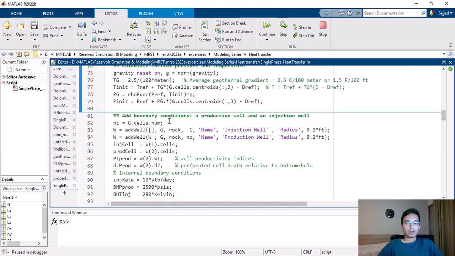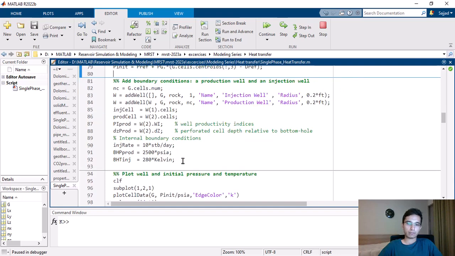All right, so now it's time to add some boundary conditions. As I said before, the external faces of the porous medium have no flow. So we have no flow boundary conditions at the external faces of the porous medium, but we have two internal boundary conditions, which are a production well and an injection well, and we define them in this way.